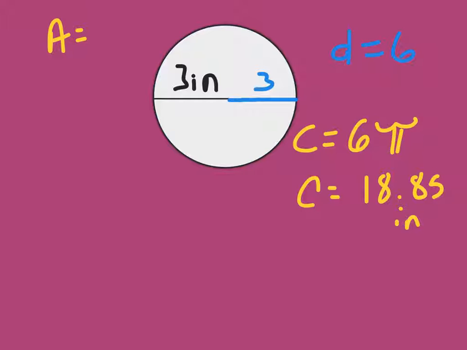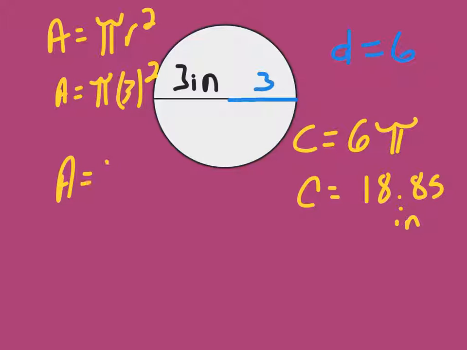For area, our formula is pi r squared. So here we do need our radius, and it's going to be A equals pi times 3 squared. 3 squared is 9, and so I get pi times 9.